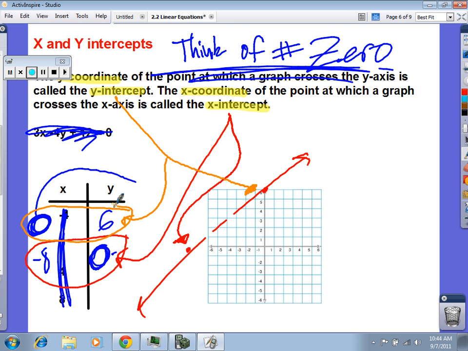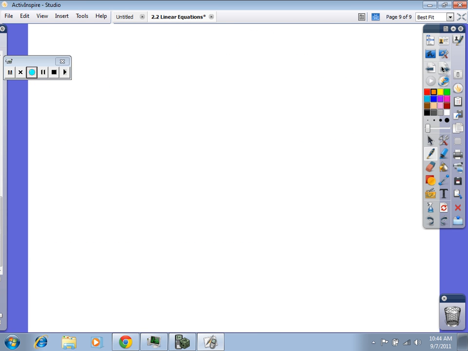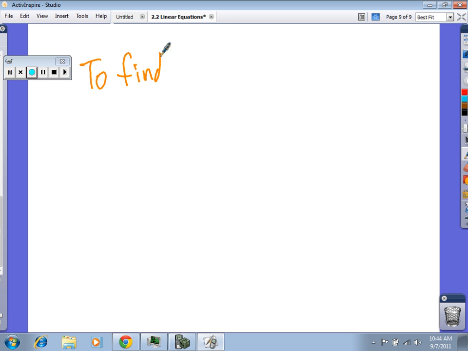So let's write these steps down. Here's the steps. Write them down. Step 1, to find the x-intercept, here's what you do. You're going to plug 0 in. What are you going to plug it in for?